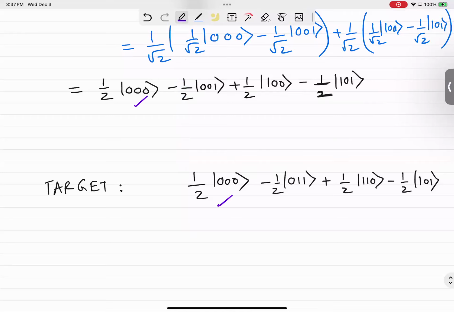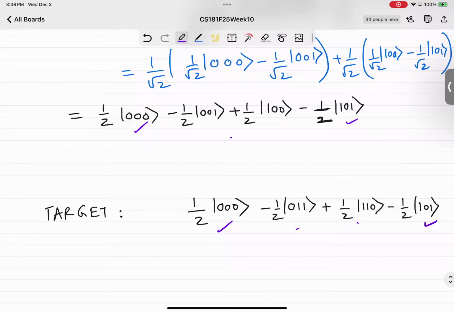Like, this one and this one match, this one and this one match, but these 2 don't match. Okay. So what do I do now? And now you kind of do a case analysis to see, okay, what happens if I use CNOT gate on the first bit? What happens if I do a CNOT gate on the second bit, and so on and so forth? Okay?